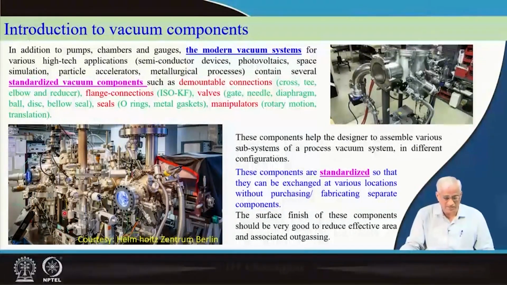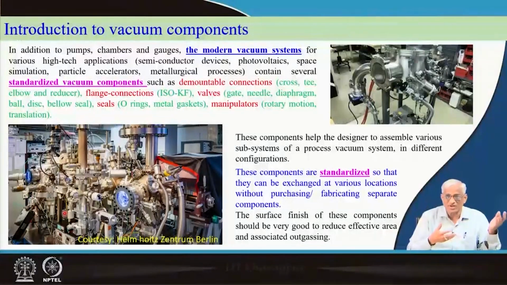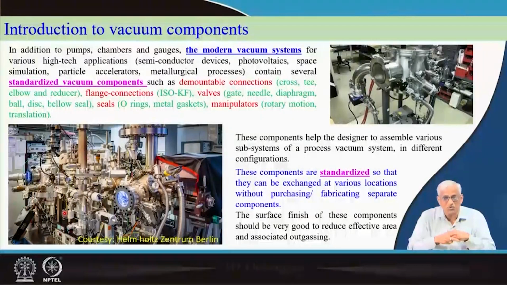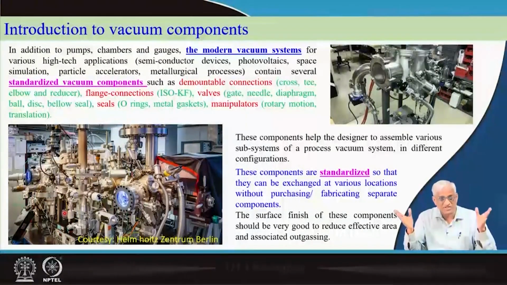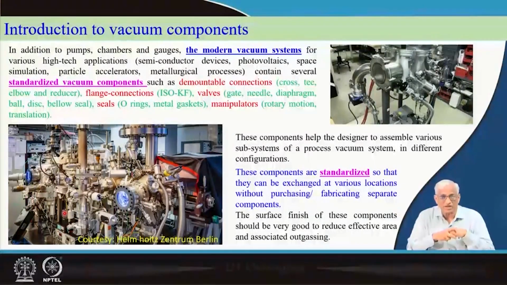So many varieties are there. Interconnecting pumping system, process chamber, control systems, or many other subsystems which you may have to have in a process industry related to vacuum technology.